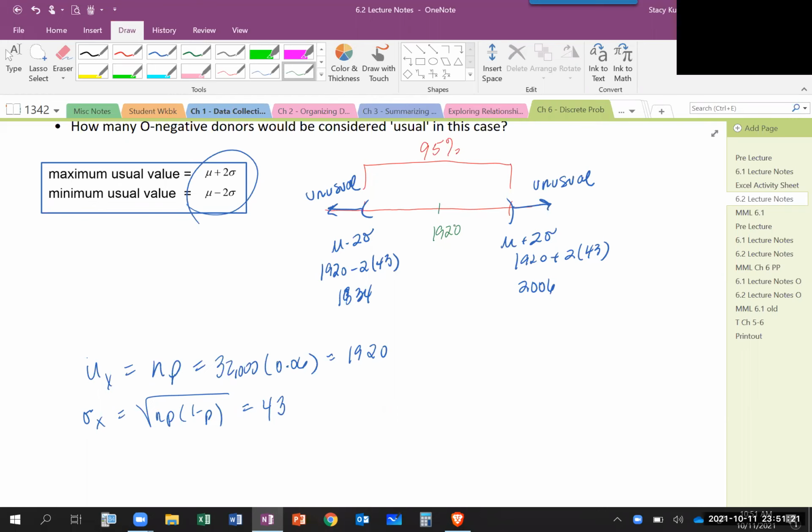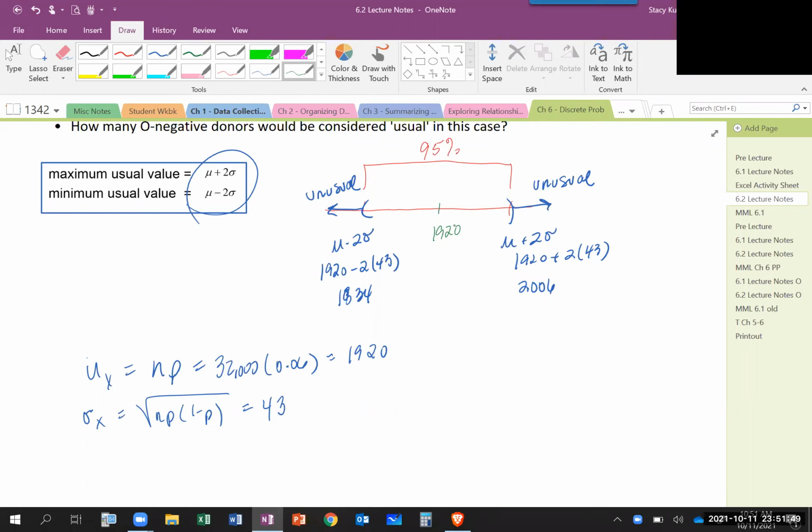So it gives me a range now, right? It gives me this boundary of numbers to look through so that I can determine unusual versus not unusual. Anything less than 1834 would be unusual. If I encountered out of 32,000 people in my blood drive and I only got 1,700 of them back as O negative, that would be unusual because that's less than that, right?